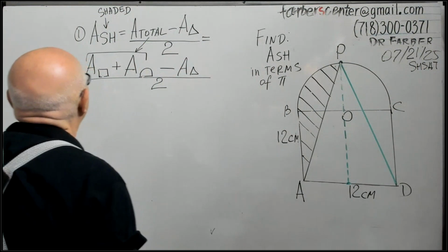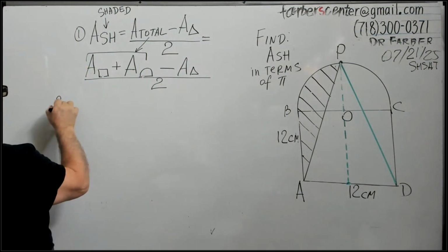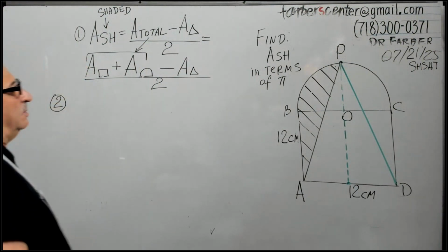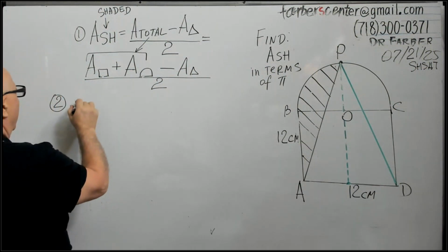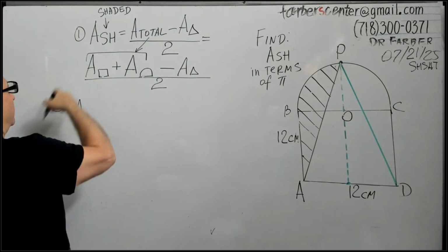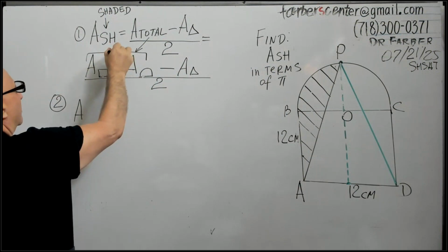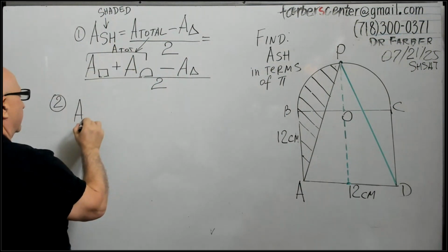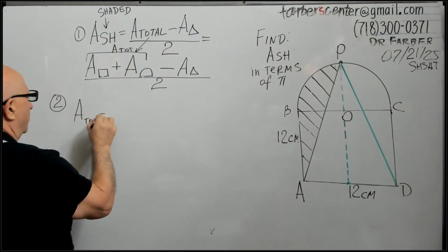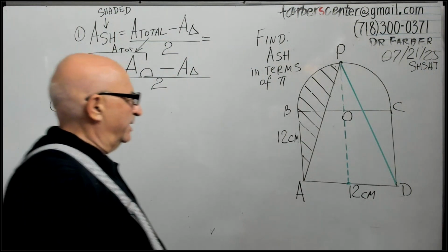Now, let's go to the second step. How to find area total? We have this recipe, this area total equals, look at this.